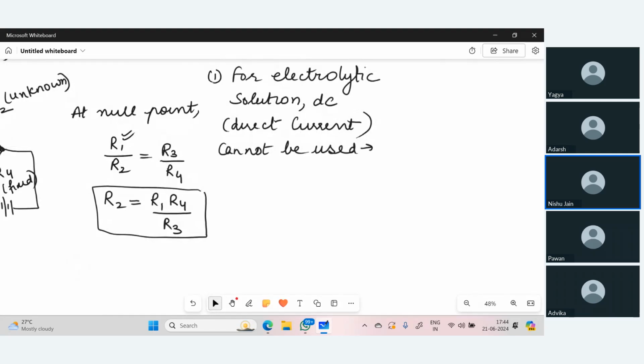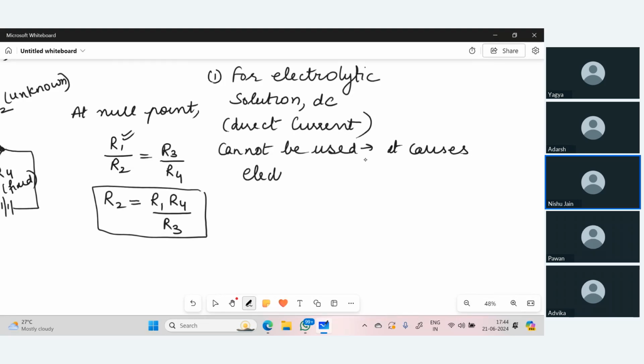The reason is that if we use direct current, the solution undergoes electrolysis, and the concentration of ions around the electrodes will change. Due to that, the resistance will also change, so we will not get the exact value of resistance.